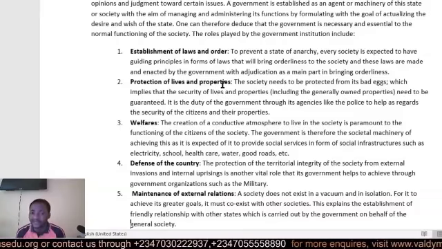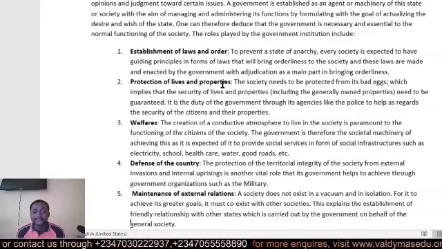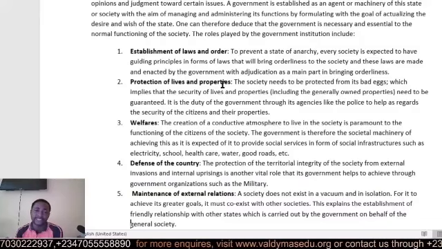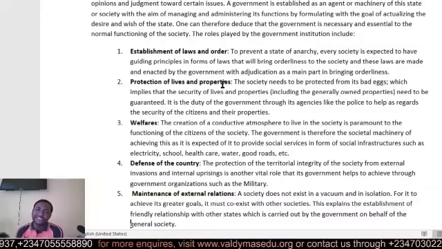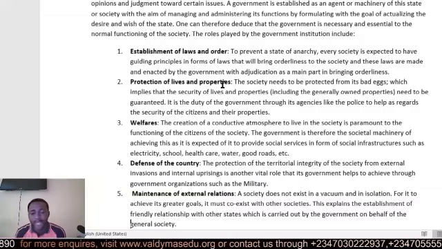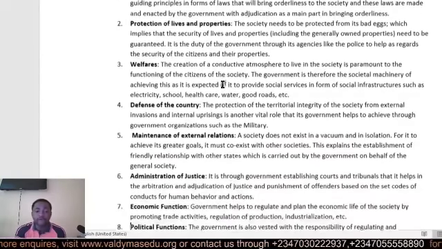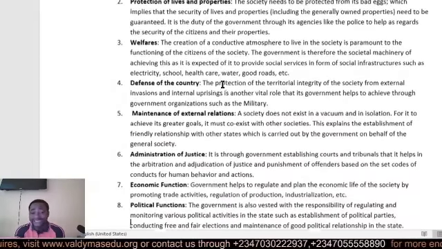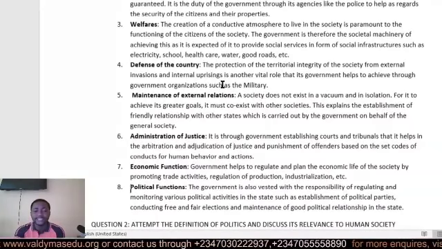These are social services, and it is therefore a necessary role in the society and demands the need for a government.